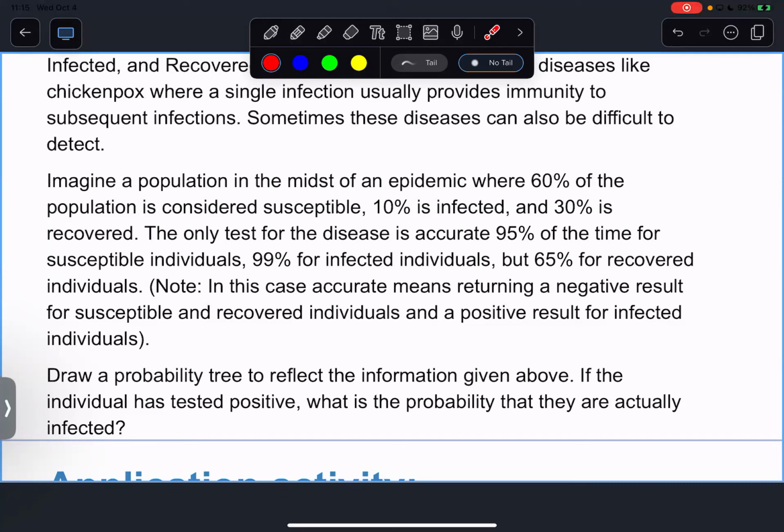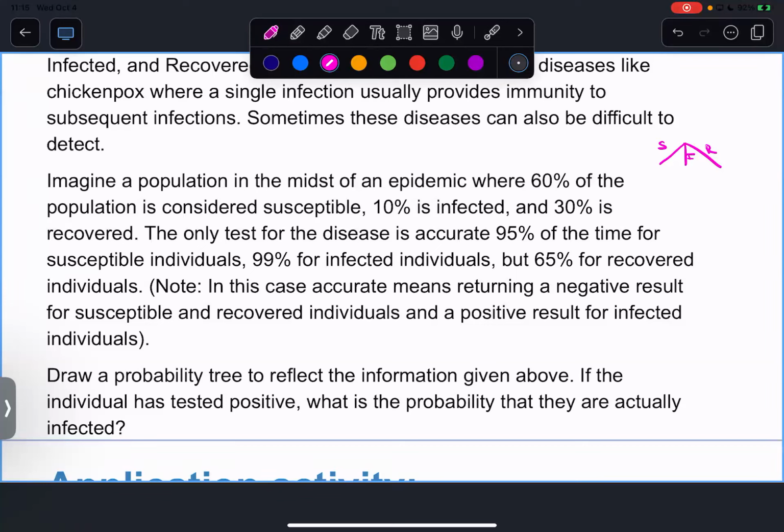What would the first part of our tree look like? I'd have to have 3 branches at the top, right? Susceptible, infected, recovered. Okay, so it's already way bigger than what we were seeing before. So here, I'll just make a little note that my first branch is going to be SIR.